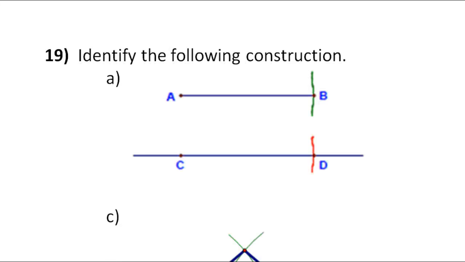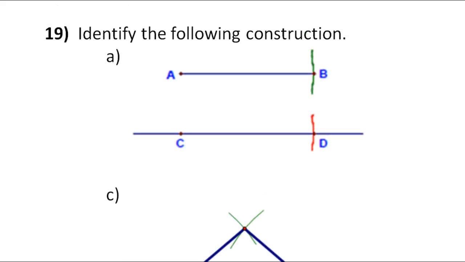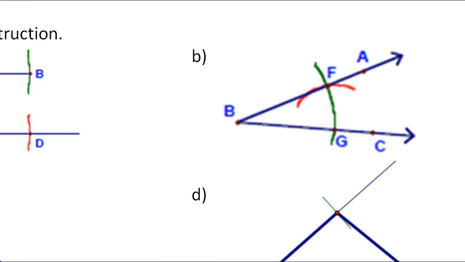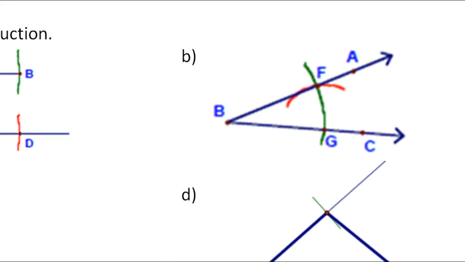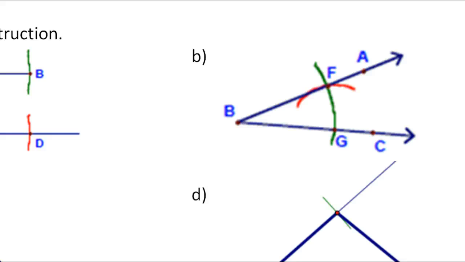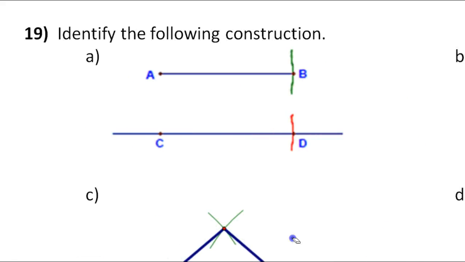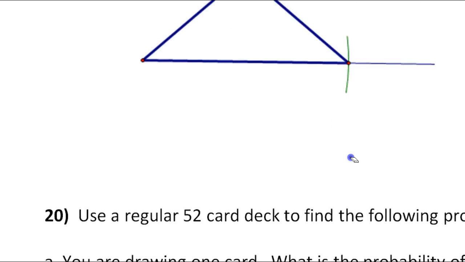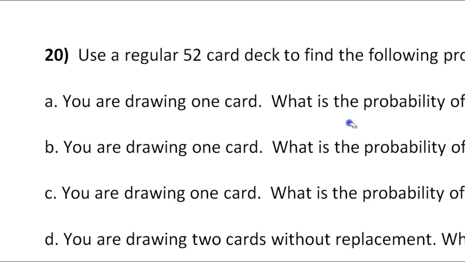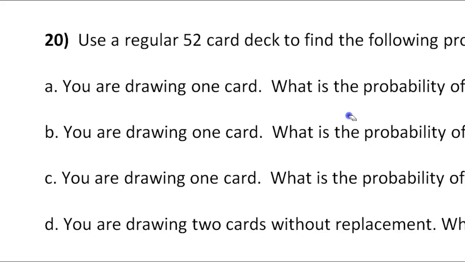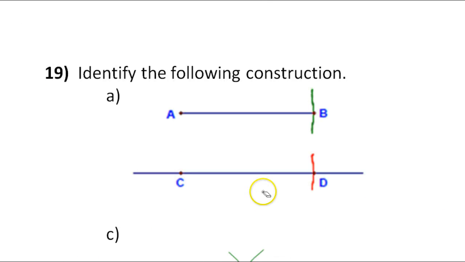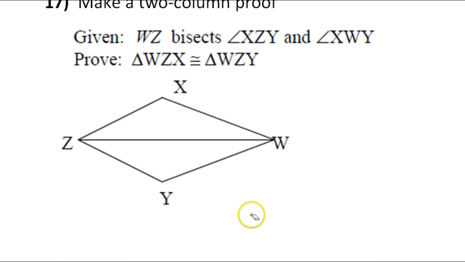And a little discussion about constructions, specifically how to know what kind of construction was done just by looking at the markings. And then a probability review problem. So I will see you on the next video. We have one more part of this review still left to come.